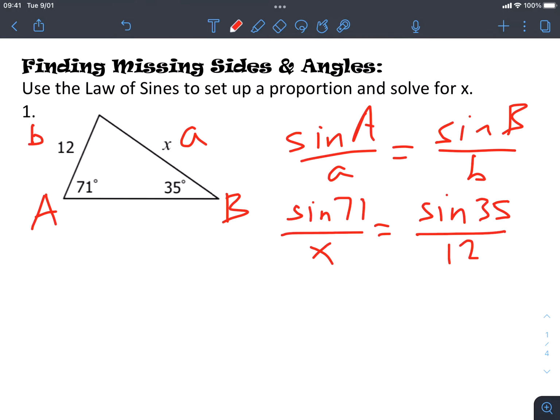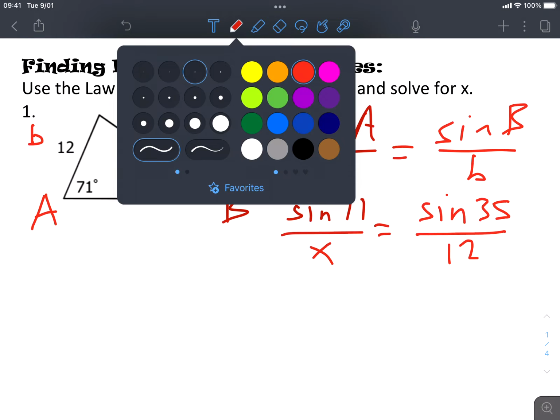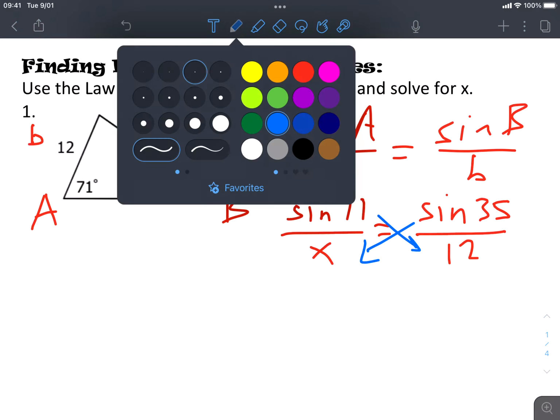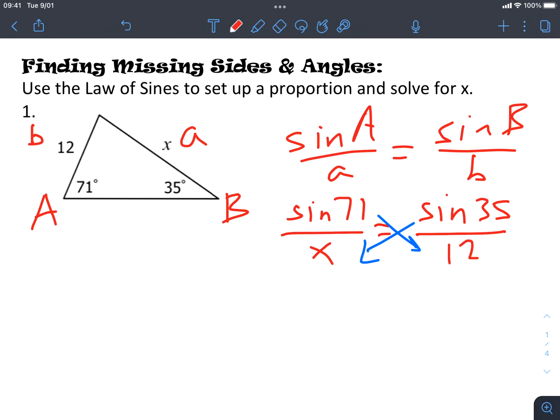Now, this looks like a proportion, which it is. And when we learned how to solve for proportions, we learned that we can cross multiply. So we are going to cross multiply and get x by itself, and that'll give us a route to calculate that missing side.